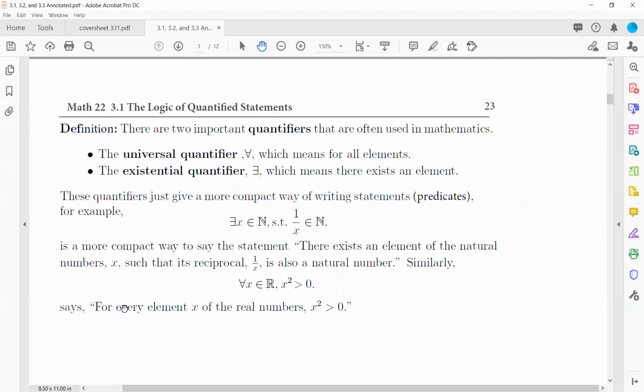Let's talk about universal and existential quantifiers. First of all, we define two quantifiers in this course.